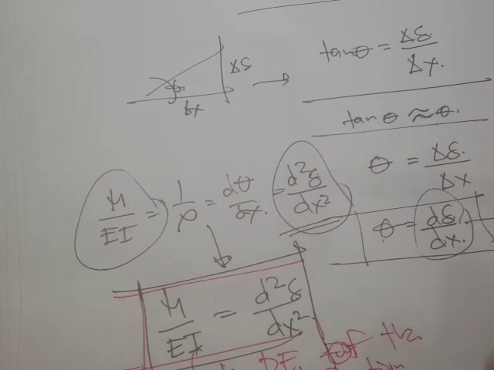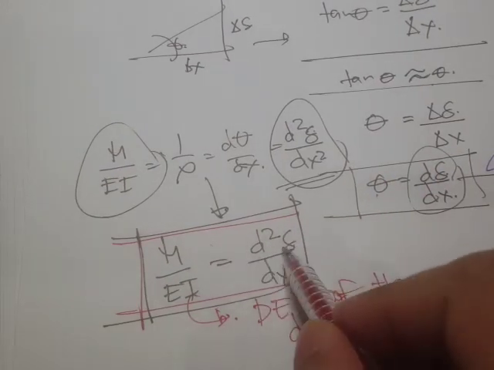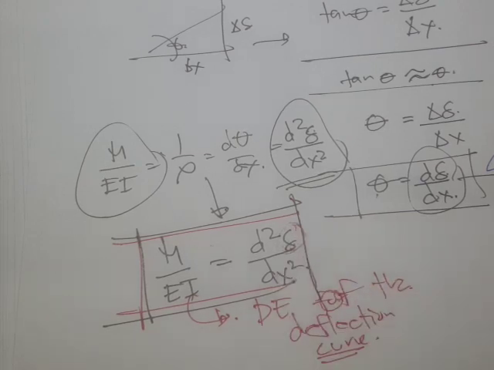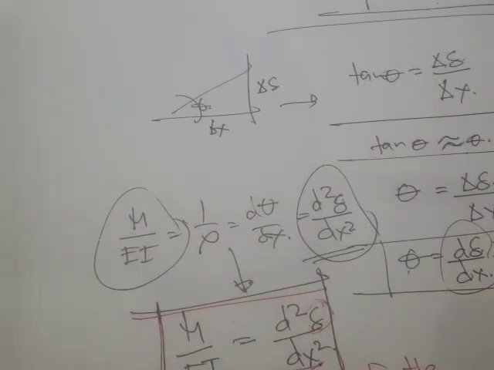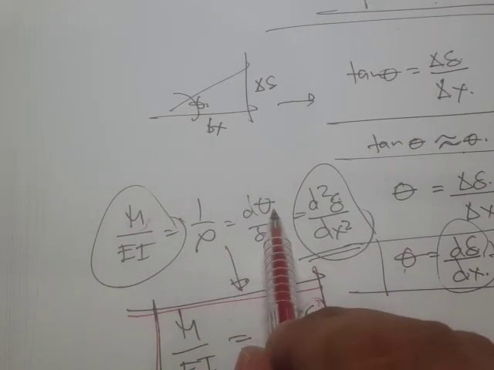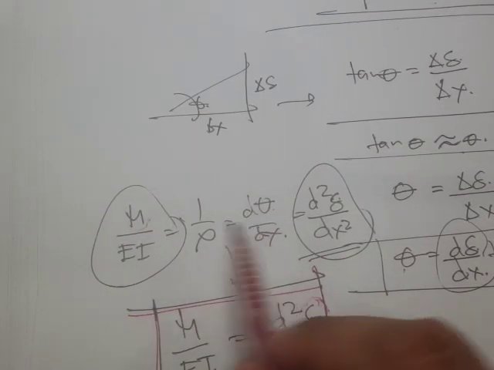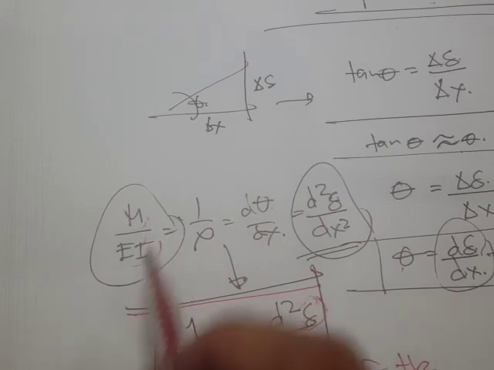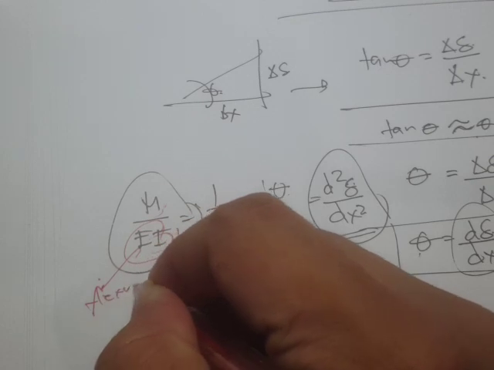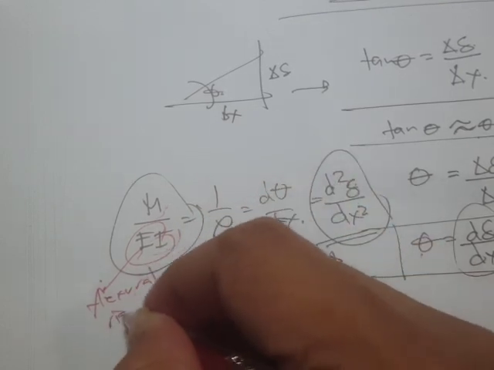And now what are the units? The deflection right here will have a unit of length. This one is moment, and this one is in degrees. And what else? This EI, the product of E and I, the term right here, is what they call flexural rigidity.